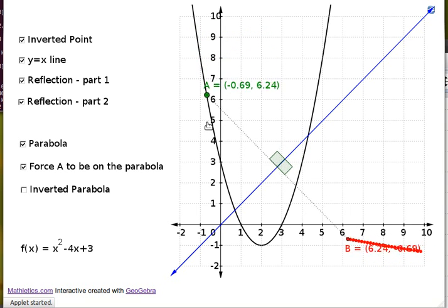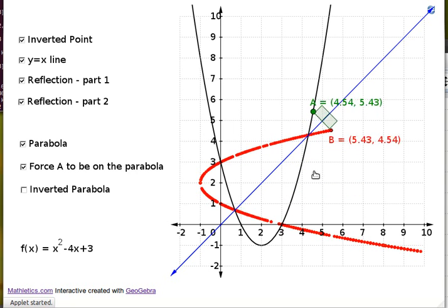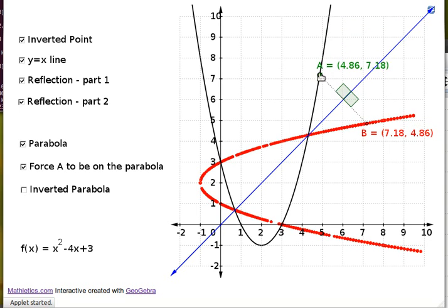And you can see that as you move the green point around the parabola, the red point makes a parabola of its own. And if you turn your head sideways, then you can see the reflection. So this black line here is reflected in that line, and it's made that sideways parabola.